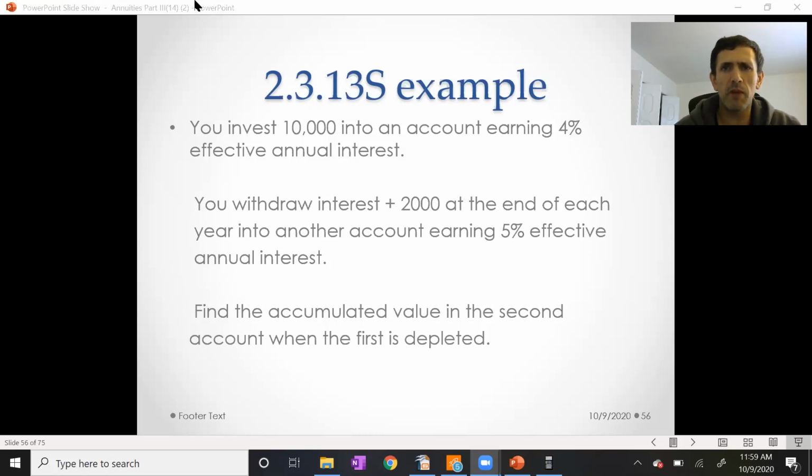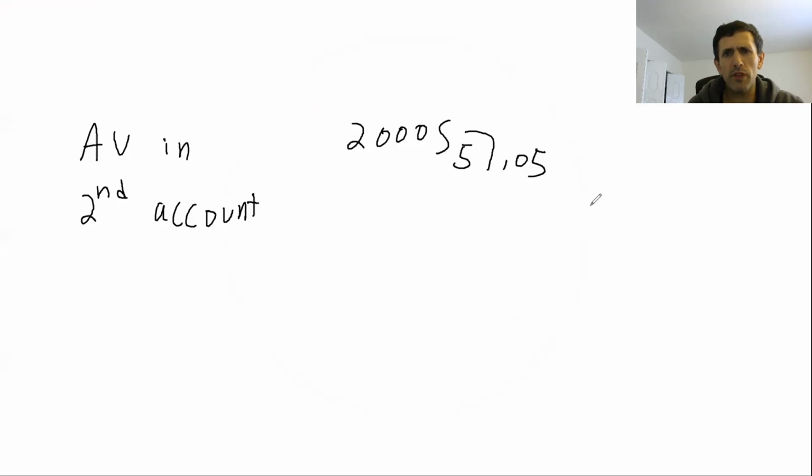So with that in mind, let's go back and finish up this problem. So it's 2000 S5.05 plus, again, as we said, our P is 80. So 80 DS.